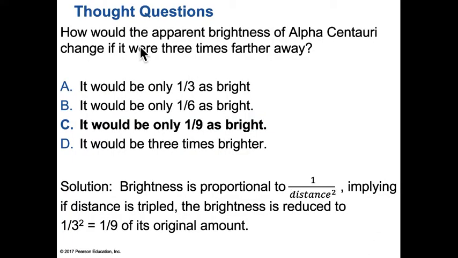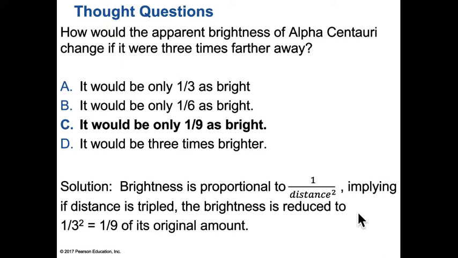Here's an example. How would the apparent brightness of Alpha Centauri change if it were 3 times farther away? Well, again, brightness is proportional to 1 over distance squared. So if I triple the distance, then I have 1 over 3 squared, so it's 1/9.